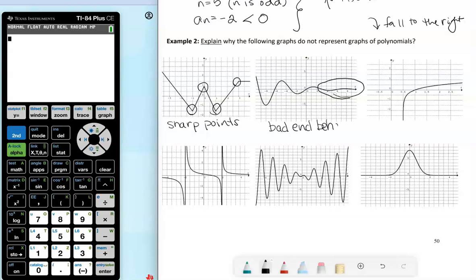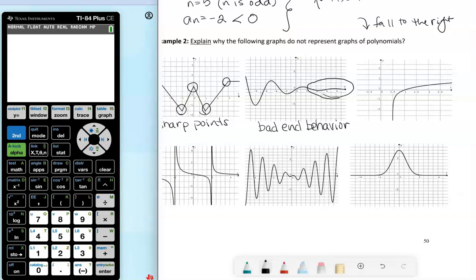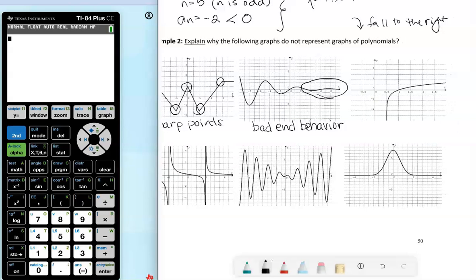If it's a polynomial function, that last point under the properties said it's going to rise or fall without bound as x goes off to infinity. So this one is leading to a horizontal asymptote, it looks like, or at the very least it's going to oscillate up and down along that x-axis, so it doesn't have the end behavior that we're looking for.